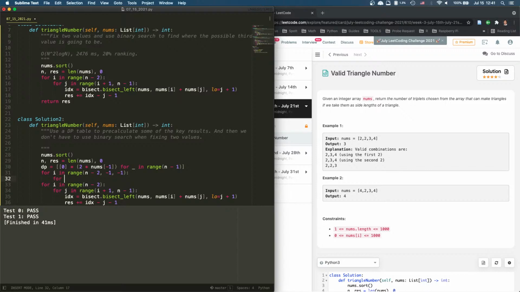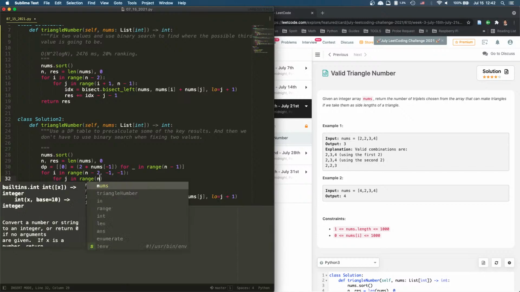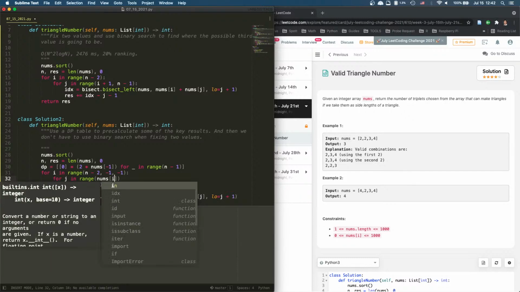So for i in this, and for j, oh, it's actually not really for j. It is for j. For j in range, its starting value is nums i, right?